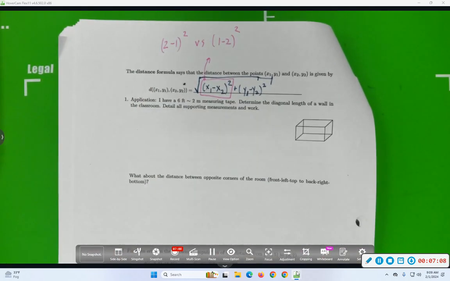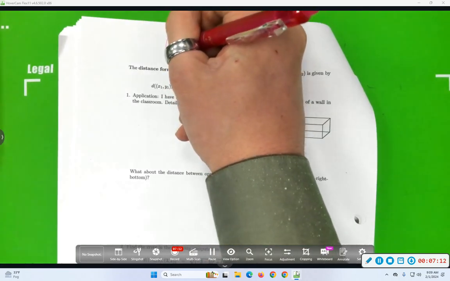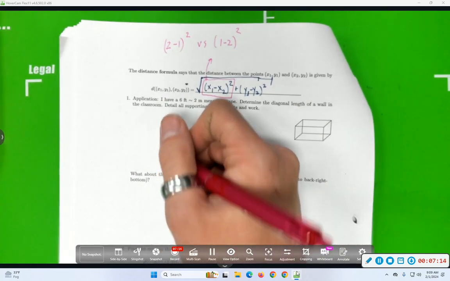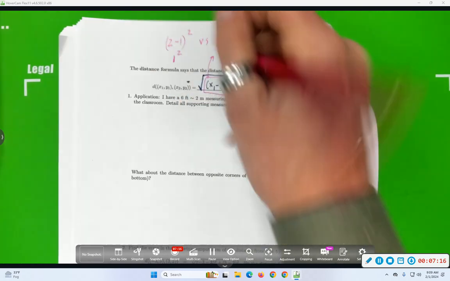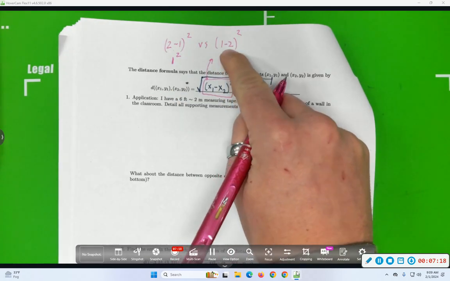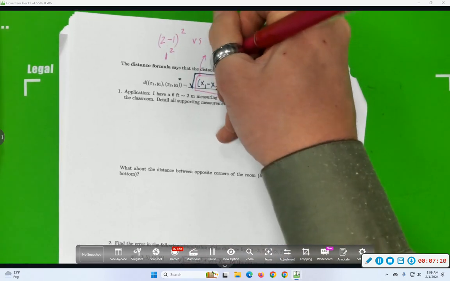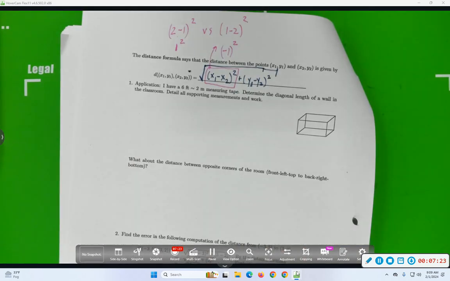Let's walk from the inside out. 2 minus 1 is 1 squared. 1 minus 2 is negative 1 squared. Notice that one of the things inside the square is the additive opposite of the other. Does that negative sign actually matter if you square it? No. So the order doesn't matter.